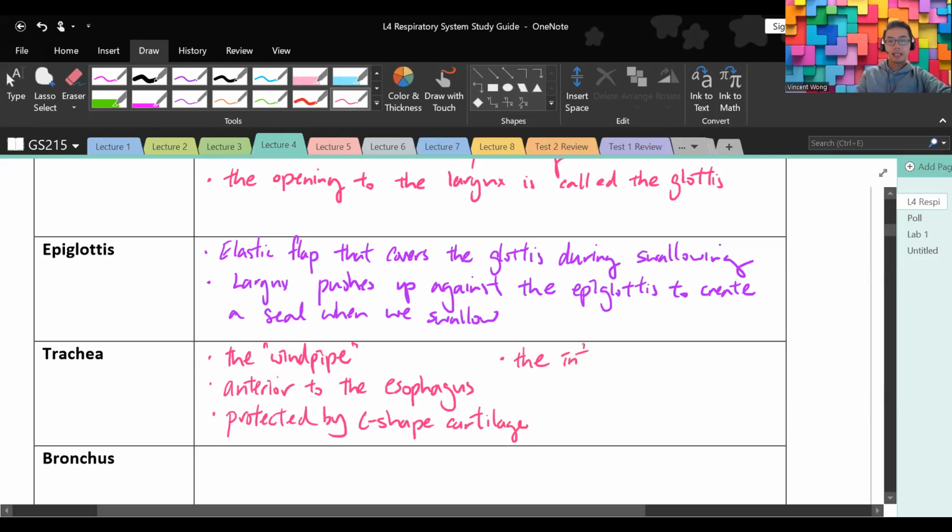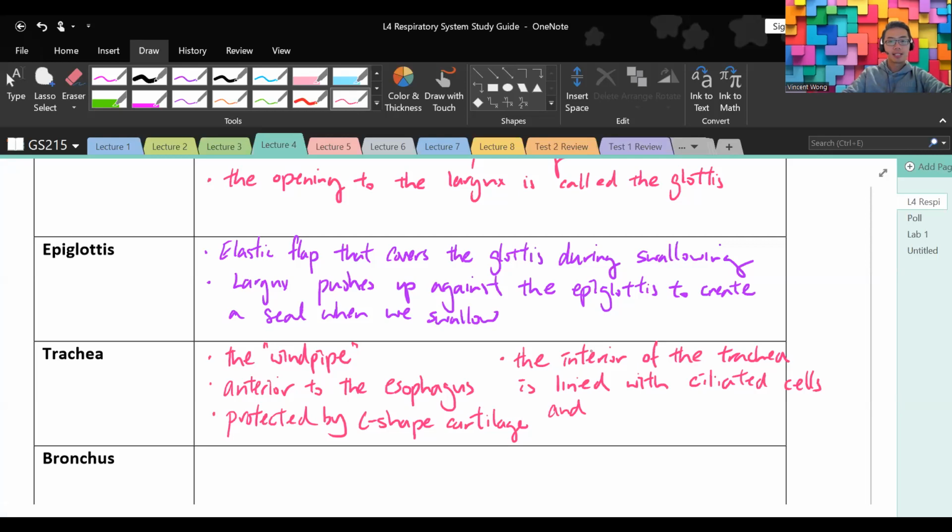The interior of the trachea is lined with ciliated cells, right? And what's the name of the cell that produces the mucus? Does anybody remember? It's the name of the cells that produce mucus.